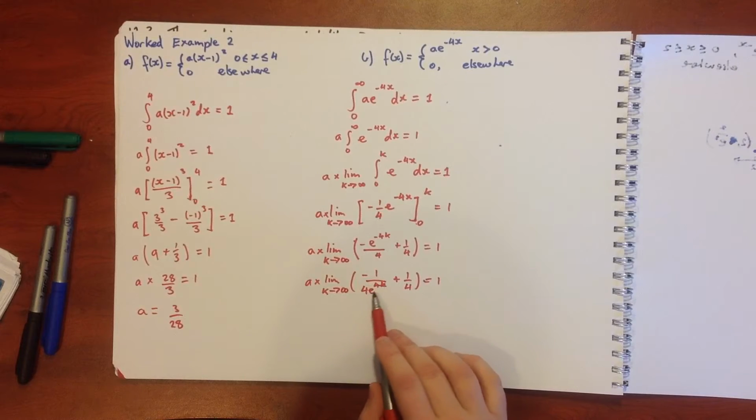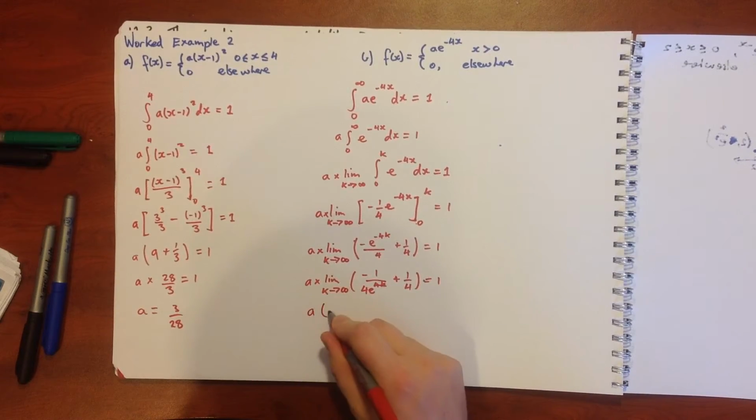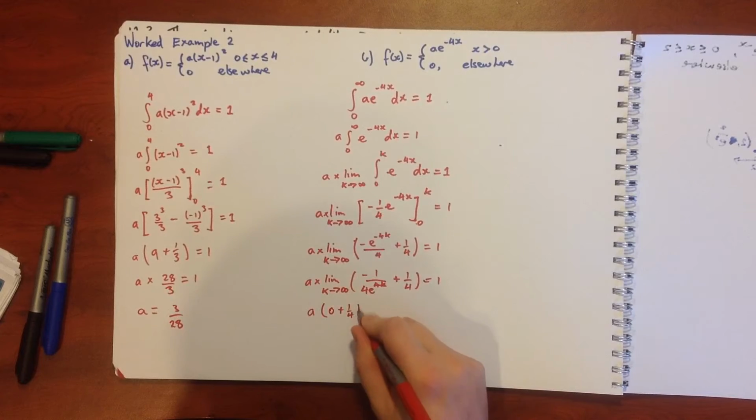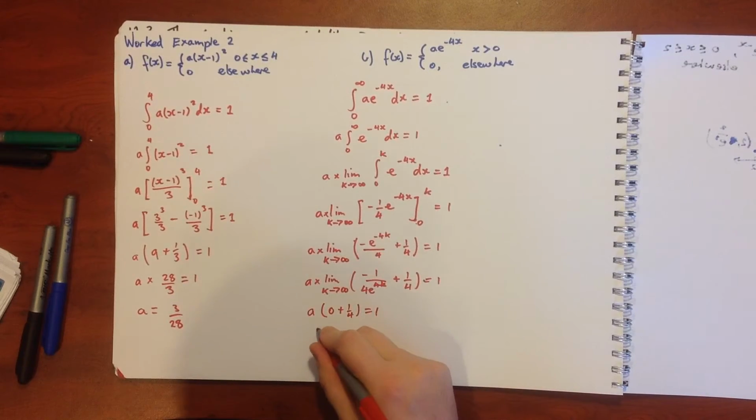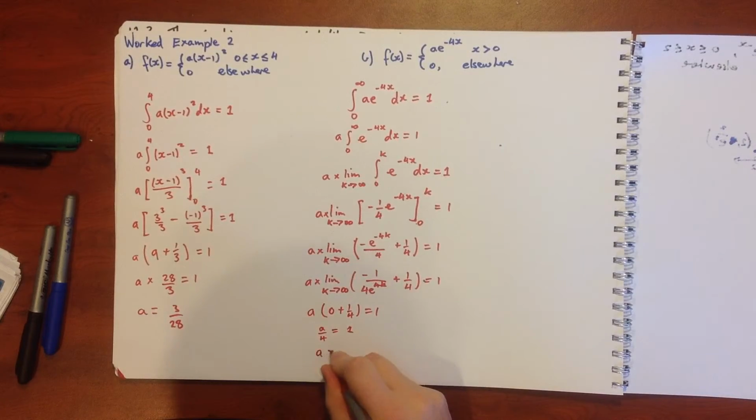As this gets really, really big, we're dividing 1 by a really big number, which means we get a really small number, and we say that's 0. So we get a times 0 plus a quarter equals 1, so a on 4 equals 1. So a is going to equal 4.